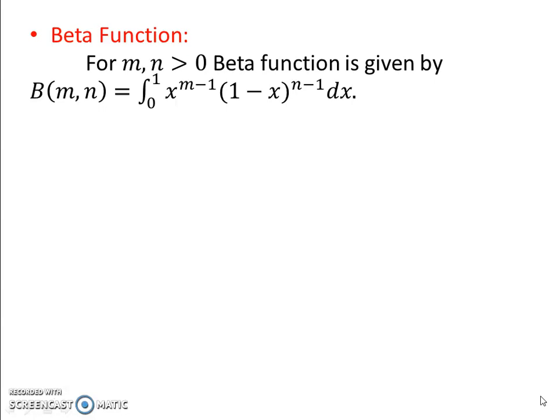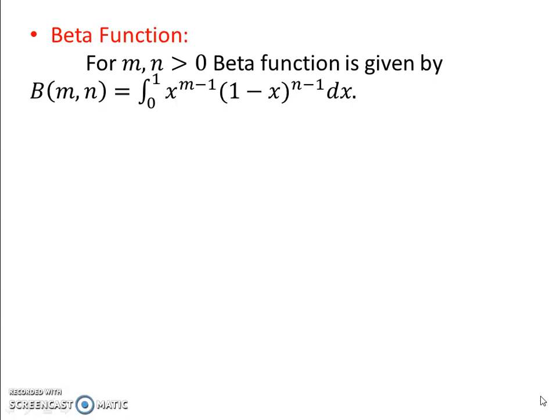Also, in gamma function there is a term of exponential. Here instead of that it has 1 minus x to the power. So beta function of m and n is given by integration 0 to 1 x raised to m minus 1 into 1 minus x raised to n minus 1 dx. So suppose we consider the integration 0 to 1 x cube into 1 minus x to the power 4.